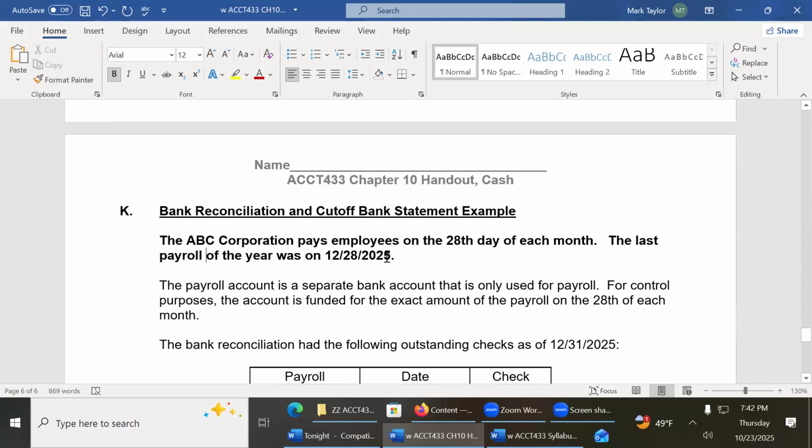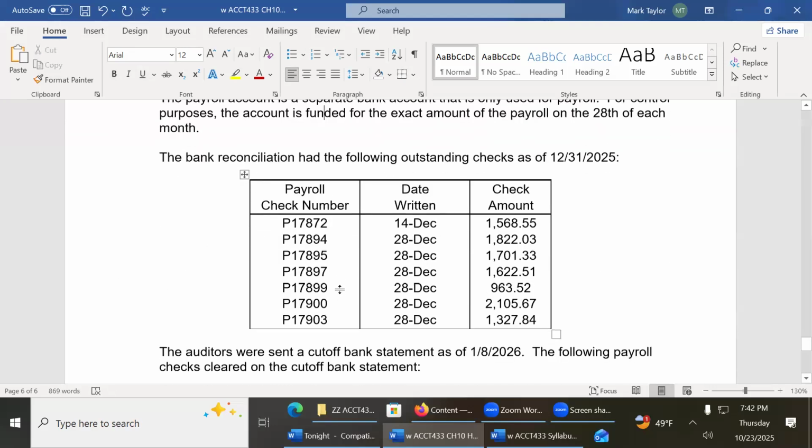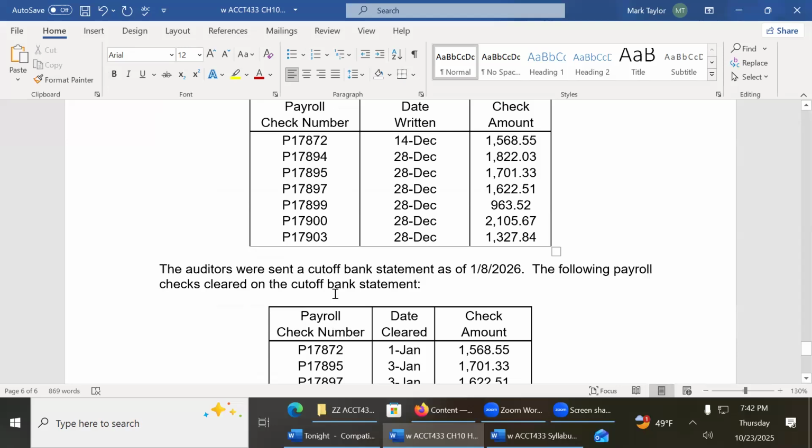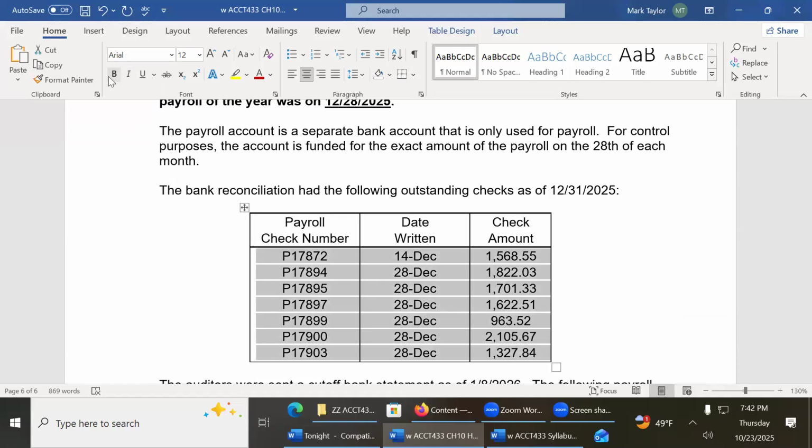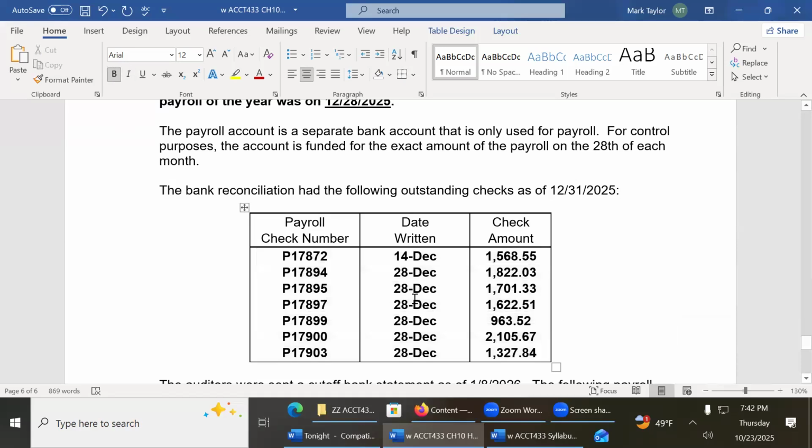The last payroll of the year was on 12/28/25. And so these are all the checks that did not clear. These are outstanding. These are the payroll checks that didn't clear. We gave them to the employees, and for whatever reason, they didn't clear.